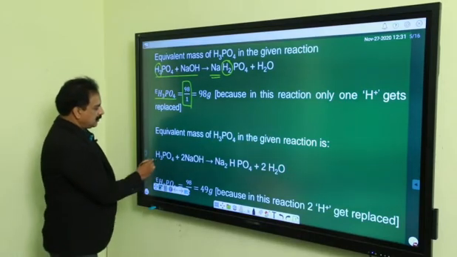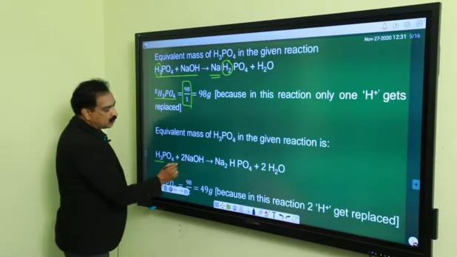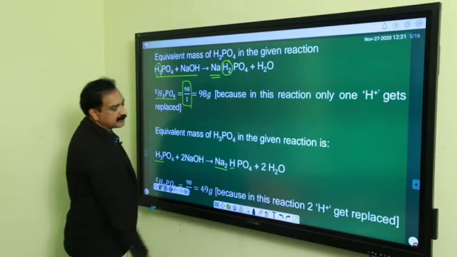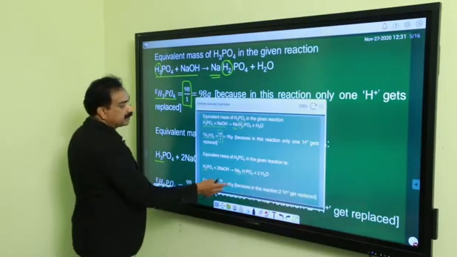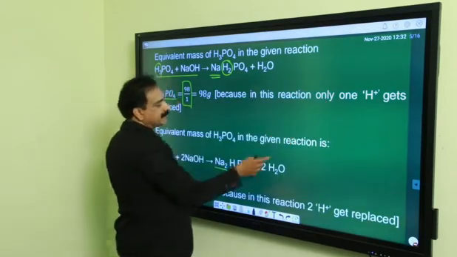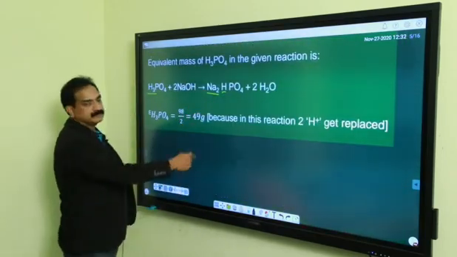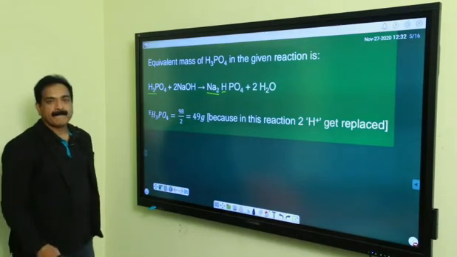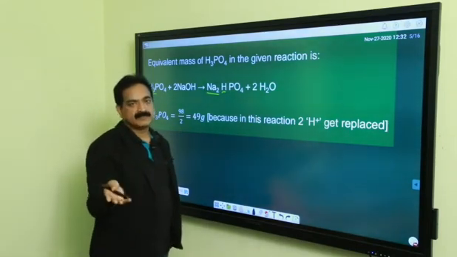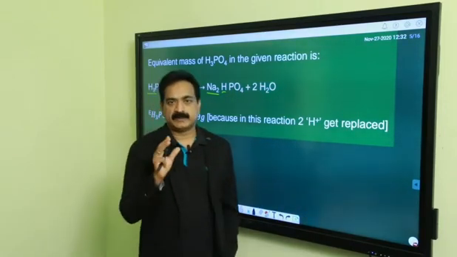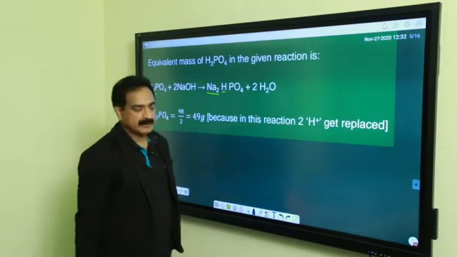And if in this reaction, 2 hydrogen are getting substituted as H positive, the equivalent mass becomes M by 2, molar mass by 2. So if a specific reaction is given, you have to follow that reaction, otherwise you will find the equivalent mass in the general manner. Alright.